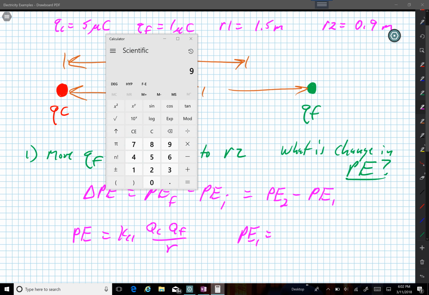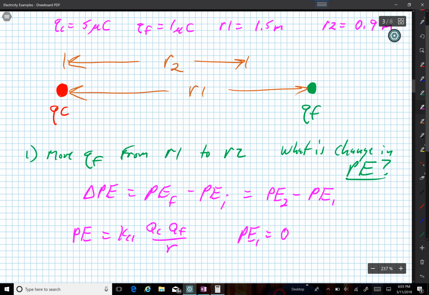And I can do 9E9 times 5E-6 times 1E-6 divided by, and I'm doing PE1, so it's 1.5. That's 0.3 joules.